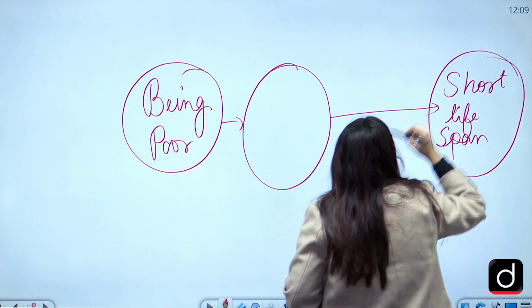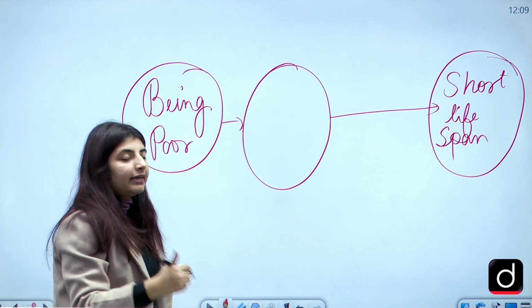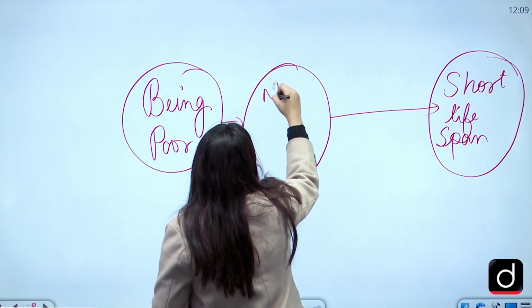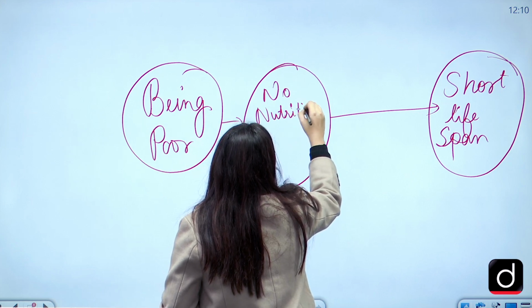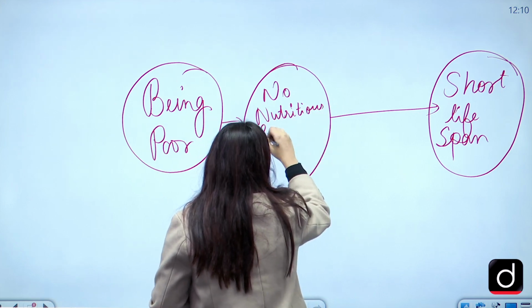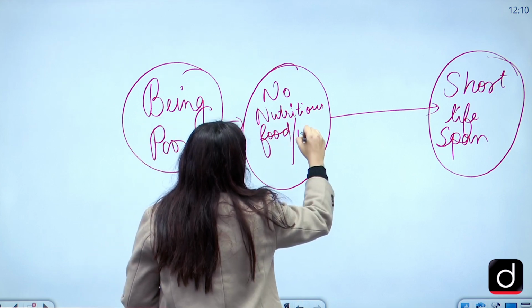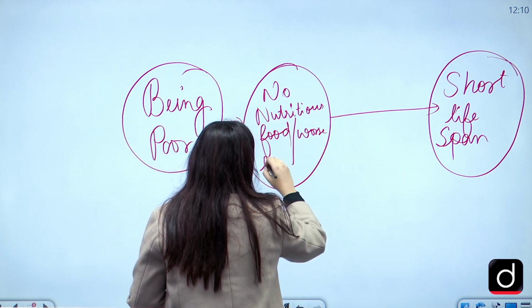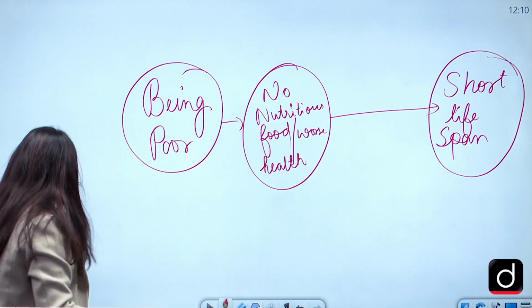The intervening or the mediator variable here would be poor health condition, right? Or no nutritious food, right? Or worse health or healthcare issues, etc. All of these are the ones.